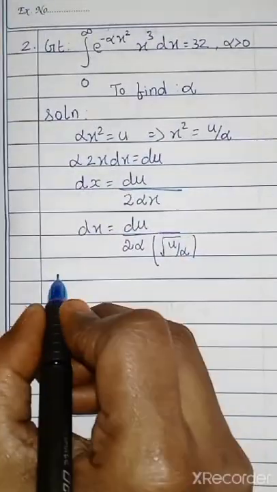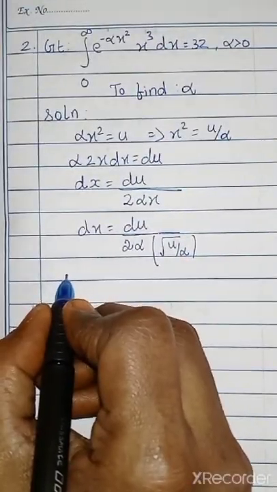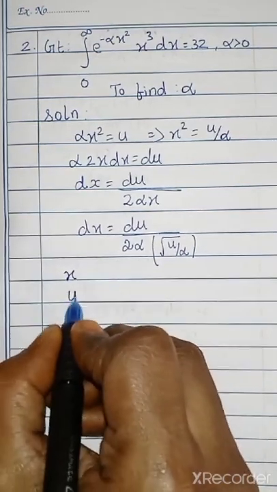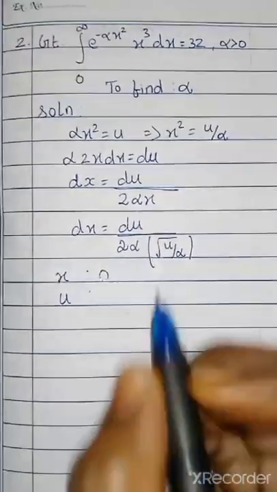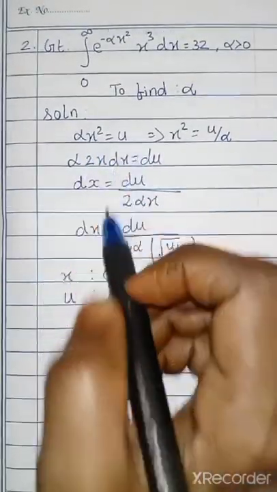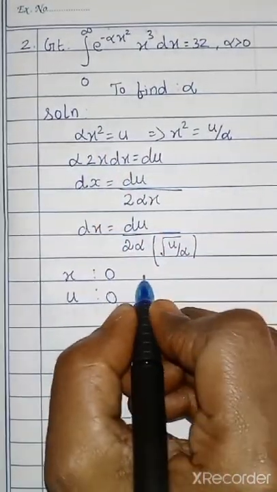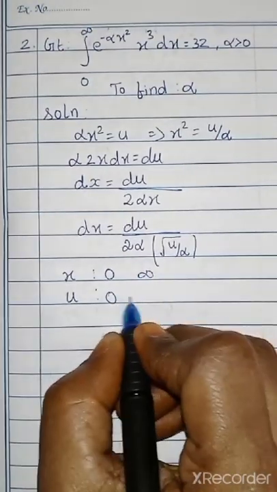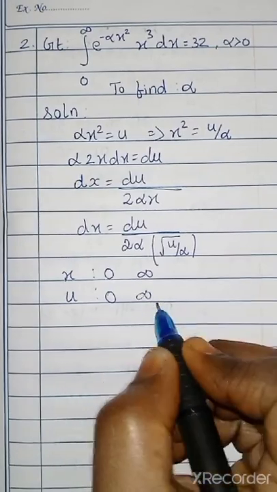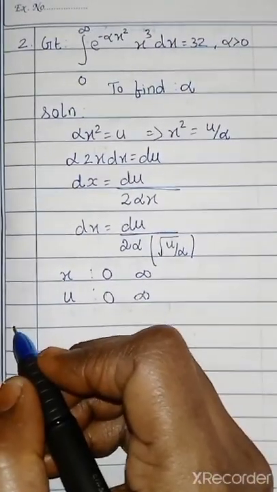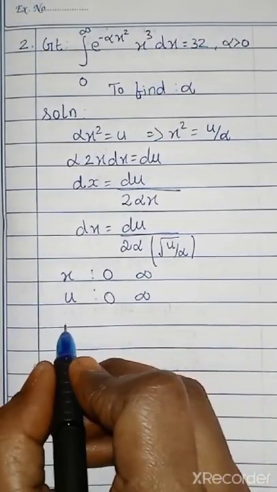So first we are going to change the limit. What are the limits? x and u. What is the lower limit of x? 0. When you substitute 0 here, this also will become 0. And upper limit infinity, if you substitute infinity here, this is also infinity. Right?